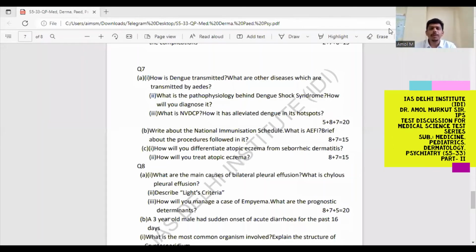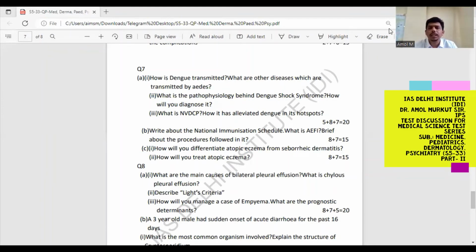So next question, how will you differentiate atopic eczema from seborrheic dermatitis? First clinical symptoms, history. What will be different in clinical symptoms? Atopic eczema mostly starts from early age. Then there is flexural distribution of lesions in atopic eczema.